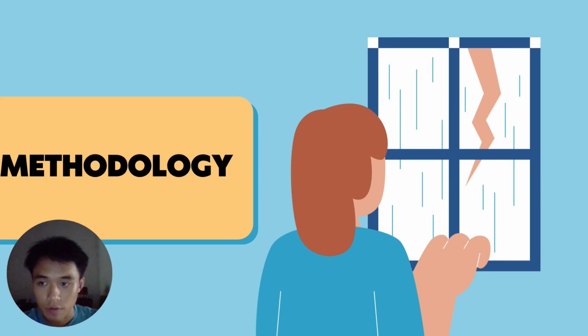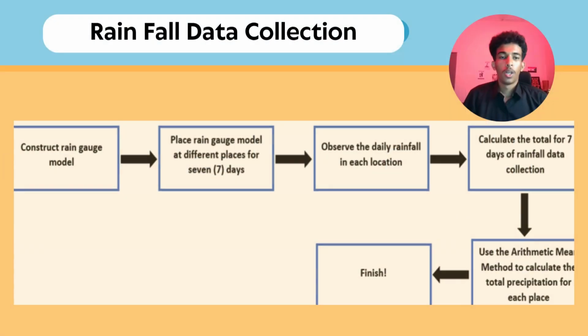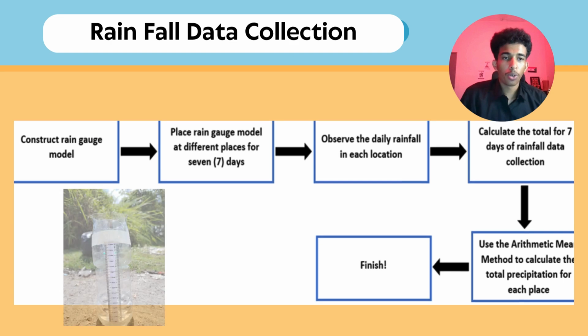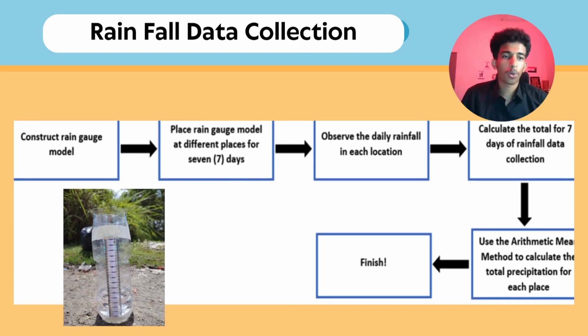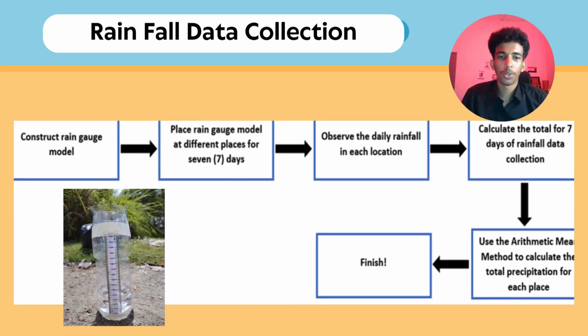A very good afternoon. I'm Bernard Tekalo, and my matrix number is CF230228, and I'm presenting methodology. Here is an overview of the process we followed to collect rainfall data using the simple rain gauge model. First, we constructed a rain gauge using basic materials, as you can see in the picture.